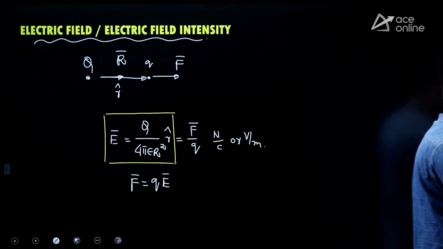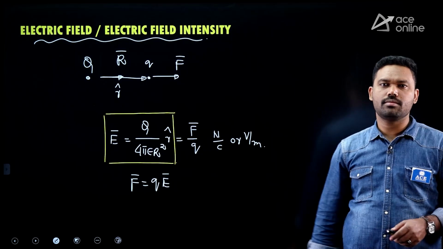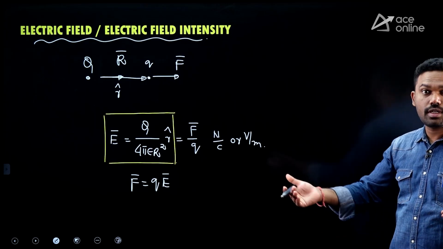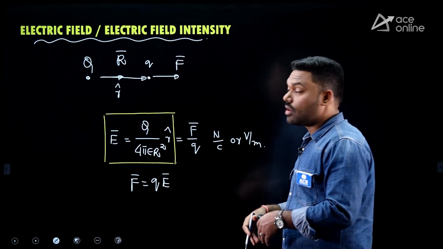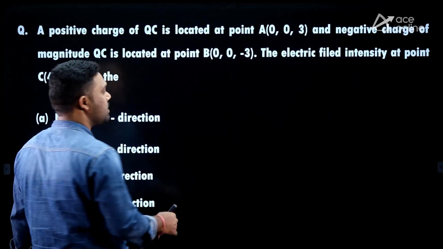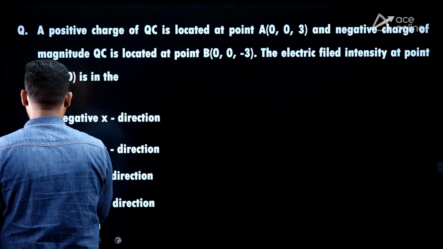Suppose you want to find the electric field at some particular point, what do you need to do? For the positively charged one, electric field lines are outwards, for the negatively charged one, electric field lines are inwards. So if you want to solve one question, you have to assume as if there is some unit charge. Clear, guys?